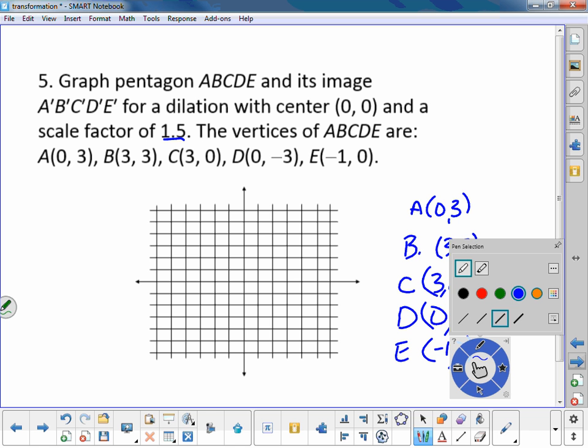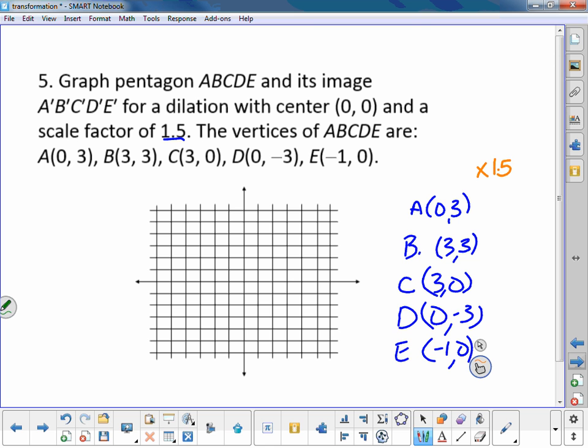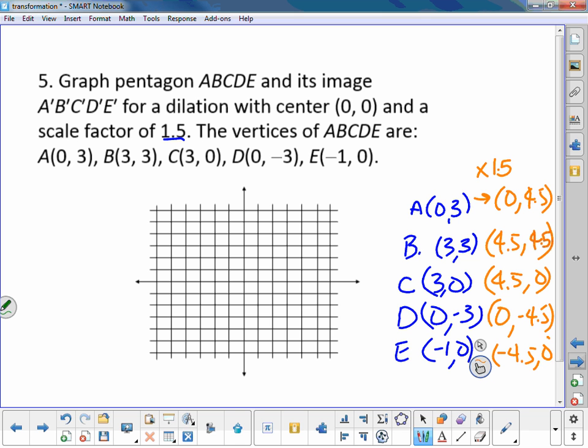And then if I multiply every one by 1.5, let's see what we get. So this now becomes 0, 4.5, 4.5, 4.5, 4.5, 0, 0, -4.5, and -4.5.